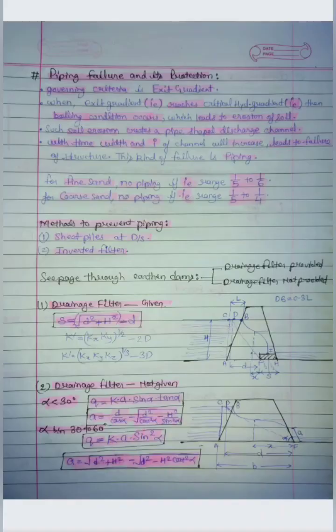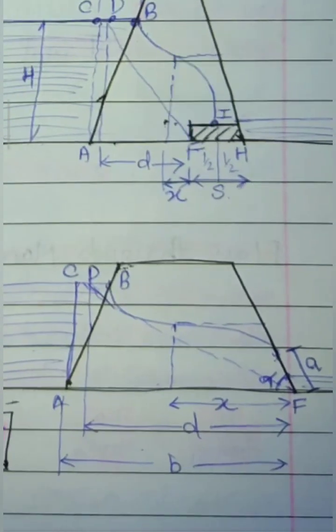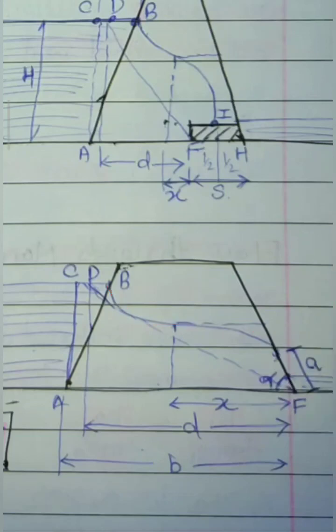In this condition, the flow will happen like this, and the seepage water will come out from this point, and this point is at a distance of A from the toe of the hydraulic structure, and the angle made by the slope of the hydraulic structure is alpha. We have to find this A distance, like at what height the seepage water will discharge out on the downstream side.